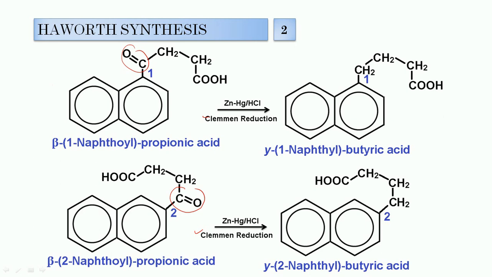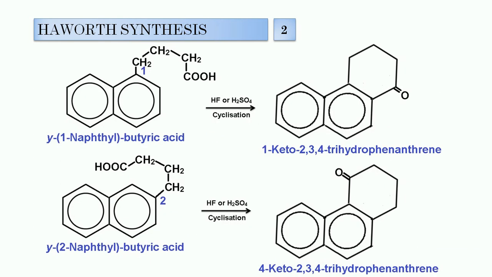Then further, these two isomers are treated with either hydrofluoric acid or sulfuric acid, and they undergo cyclization to give 1-keto-1,2,3,4-tetrahydrophenanthrene, and in this case 4-keto-1,2,3,4-tetrahydrophenanthrene. So this cyclic product is formed from these two isomers.